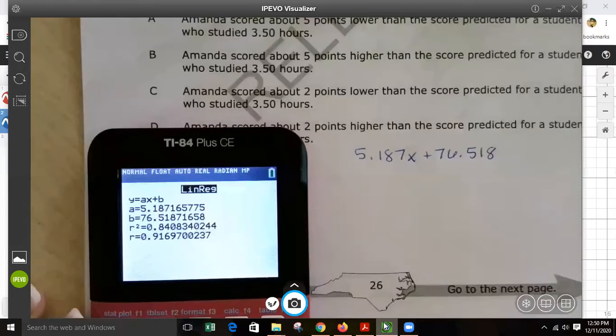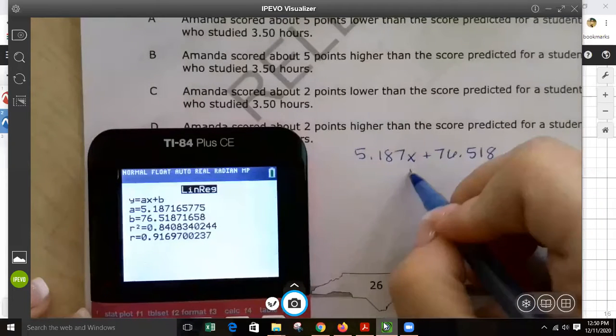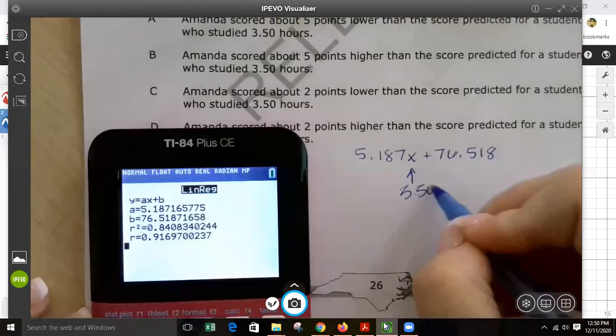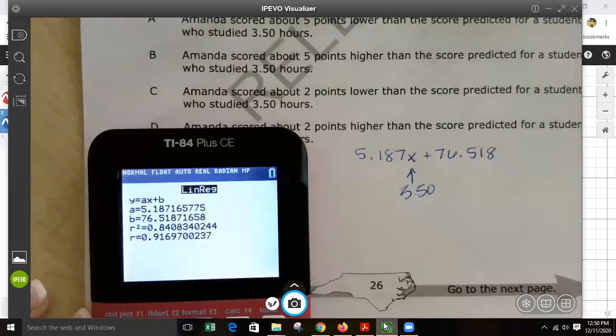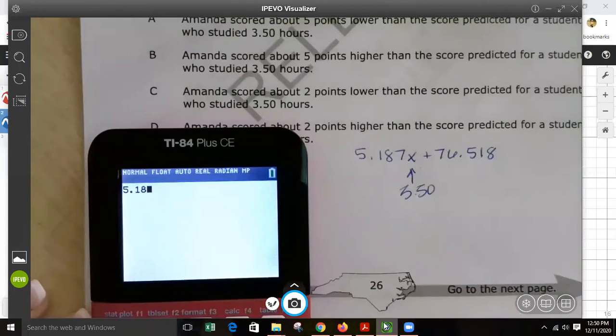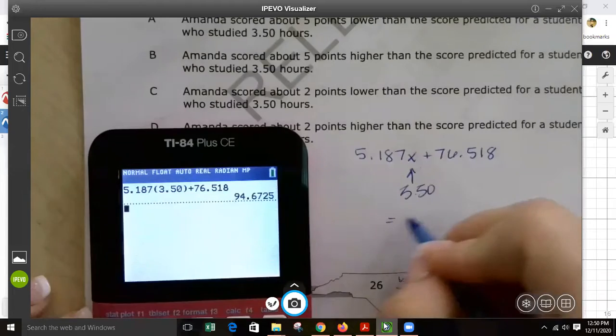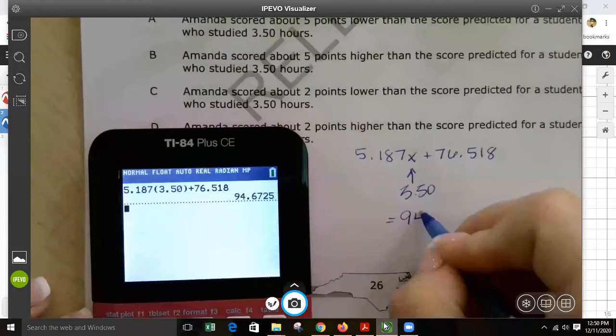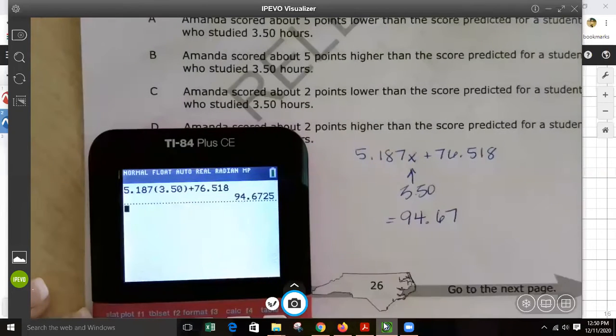It wants to know 3.5 hours. That means we want to plug it in right there, okay? So in my calculator, 5.187, I'm going to plug in 3.50 plus 76.518. And I get 94.67.